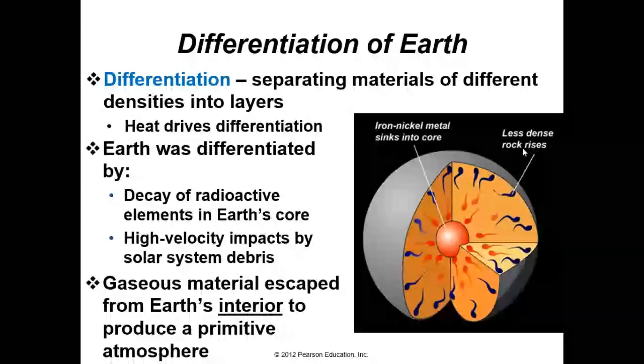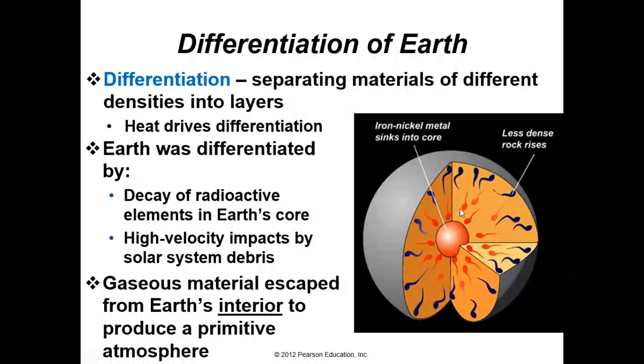But as differentiation progressed, what ended up happening was the metals went down to the core, and some of those metals had radioactive materials, like uranium, for instance. And those radioactive materials underwent nuclear fusion, which they currently still do. And that nuclear fusion is what created a lot of heat, which drove differentiation.